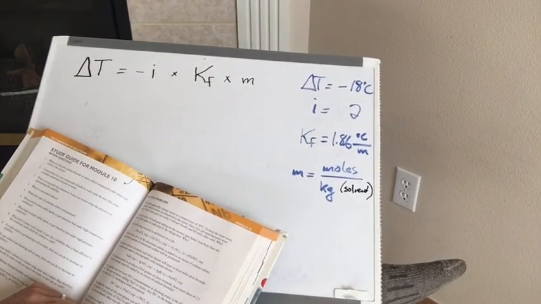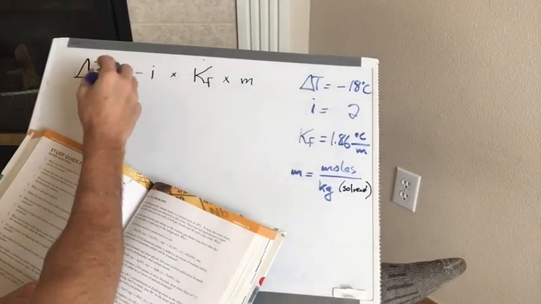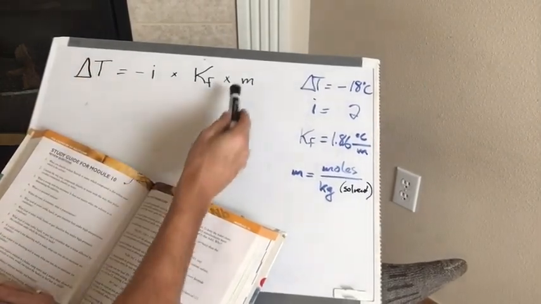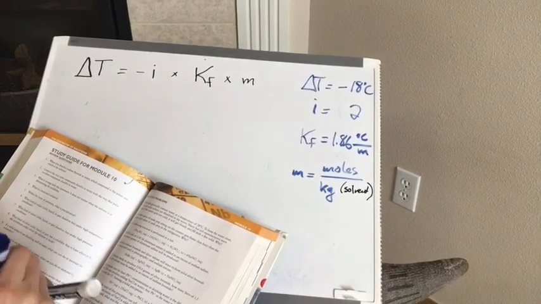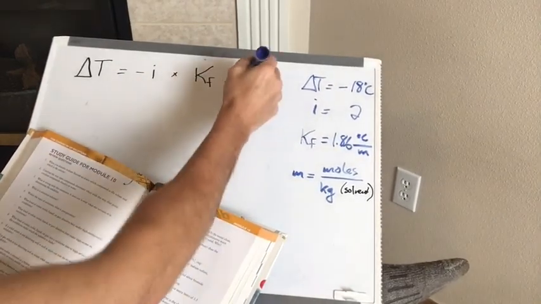So we've got enough information to work this problem, but we've got to change this formula a little bit so that molality, since that's the thing we're looking for, is on one side of the equation.